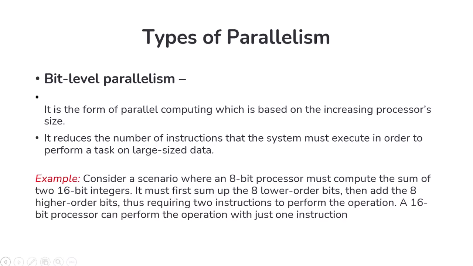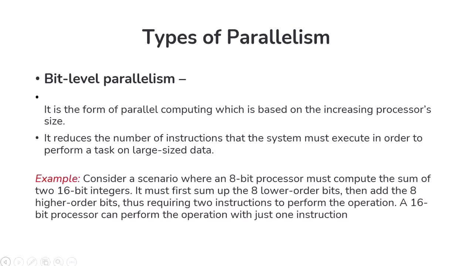To add two 16-bit integers, first the lower 8 bits will be added, and then the carry of those two 8-bit numbers will be added with the two higher-order bits. So the computational speed will decrease because the number of instructions is increased.